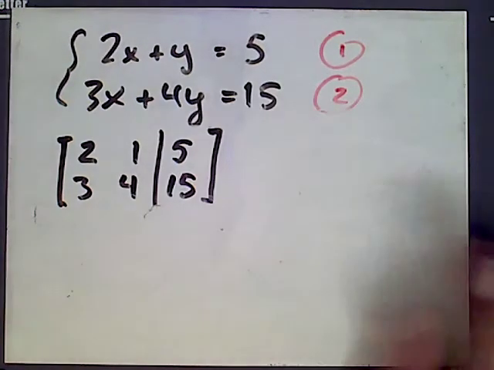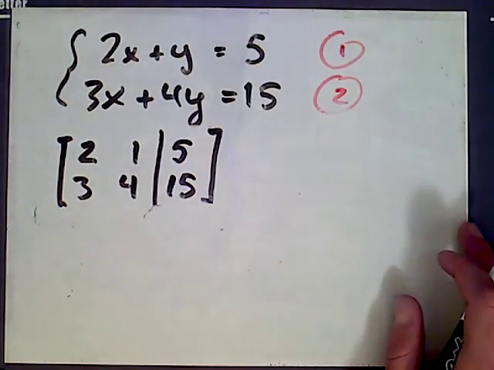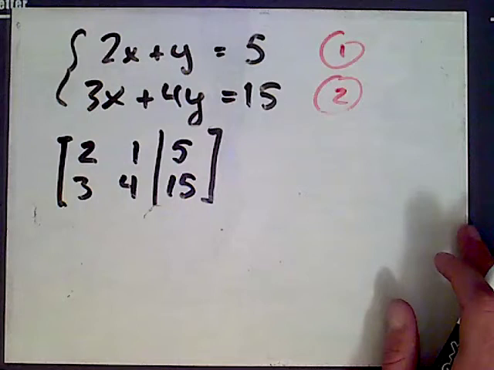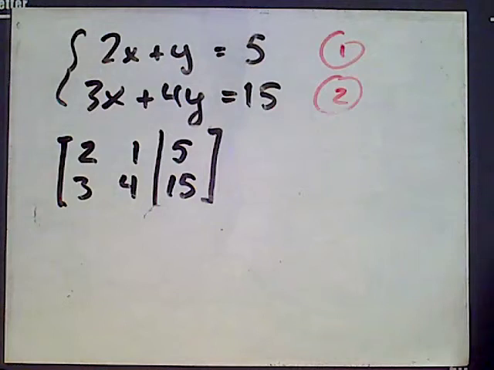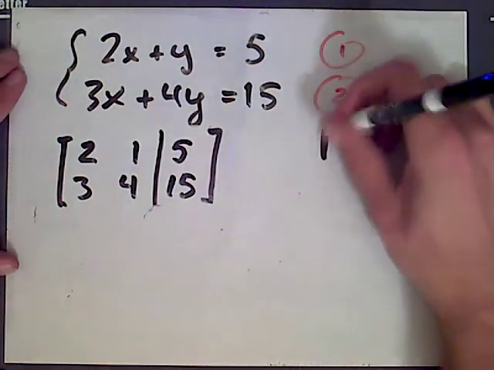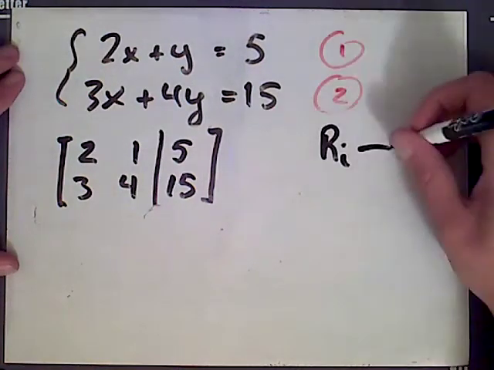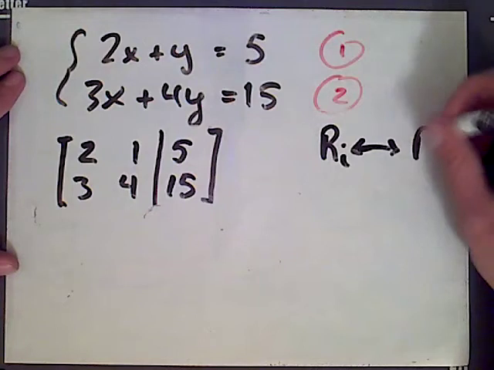Now, to get the solution set, we use what's called row reduction. There are certain operations on rows that we can perform that won't change the solution set of the matrix we're dealing with. I'll go over row operations in a separate video, but let me remind you what's allowed.